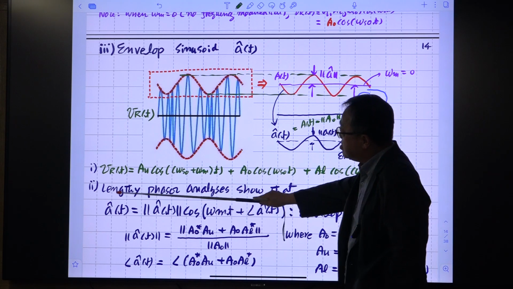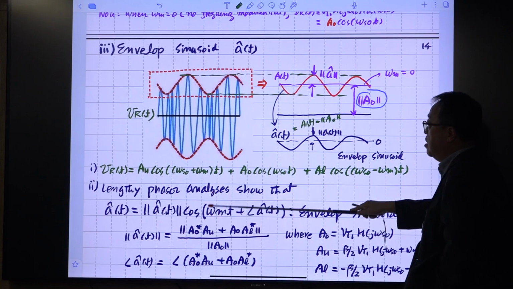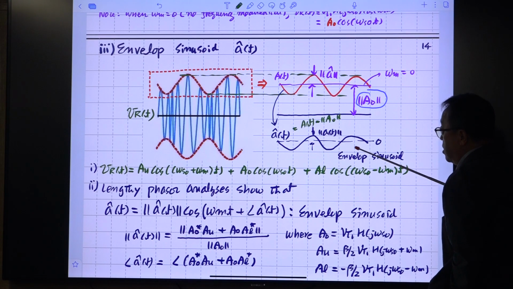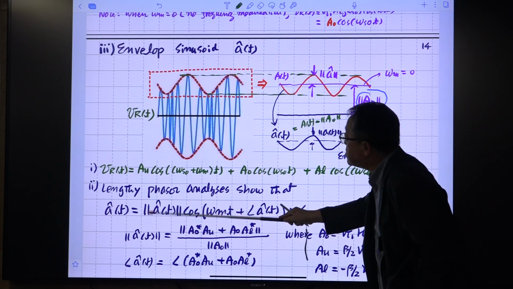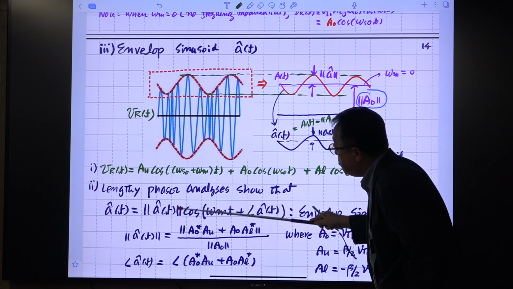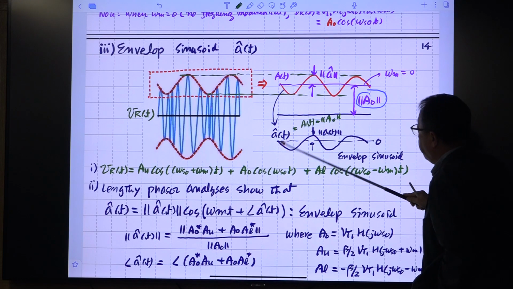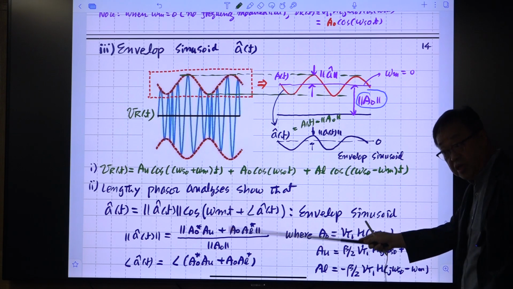So he derived all the details, a nicely, extremely lengthy phasor analysis, which proved that this AT is a sinusoidal waveform. So it has phase, and the magnitude is expressed like this. This is the magnitude of this sinusoid, and the frequency of this sinusoid is omega m as we predicted.